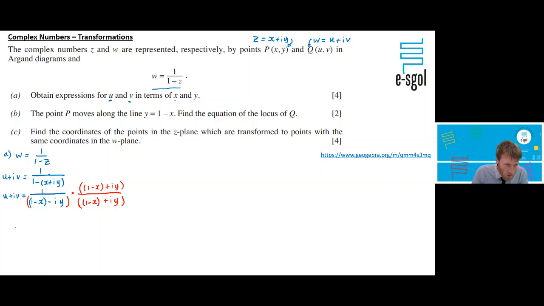So we'll keep going. On the numerator, we're going to get this 1 minus x plus iy, because you're just timesing it by 1.